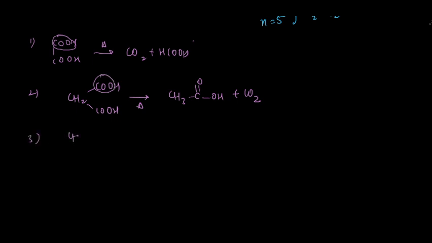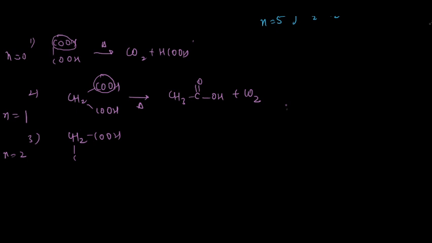Third we have CH2 CH2 with COOH on both sides. Now what should be released? We have written above that when n equals 0 and 1, CO2 gas is released. Here n equals 2, and when n equals 2, H2O gas should be released.